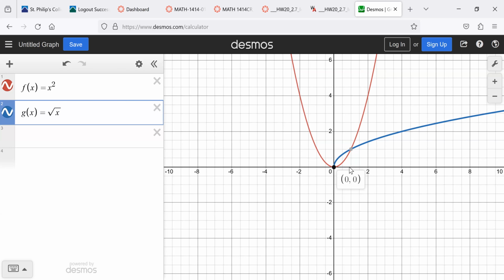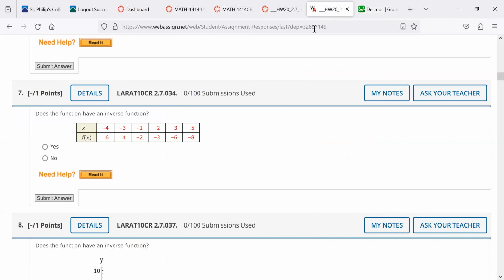So if I restrict it, then I can define an inverse. So if you ignore the left side, you can see how the inverse would be the blue one. Okay. But in order for there to be an inverse, it has to be 1-to-1, or you got to force it to be 1-to-1.